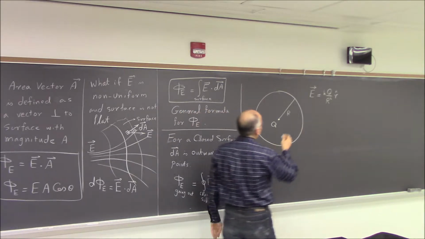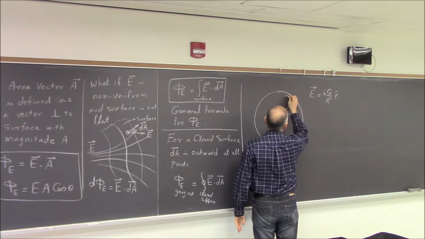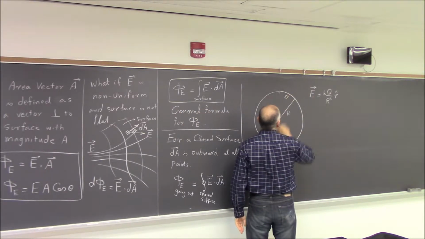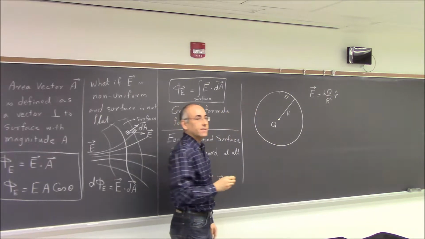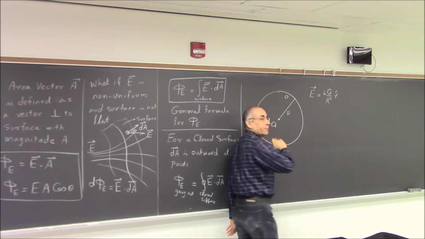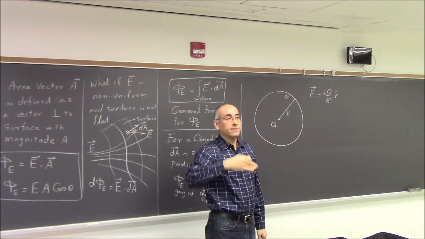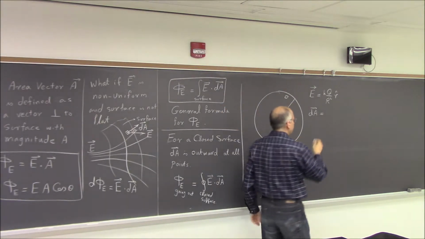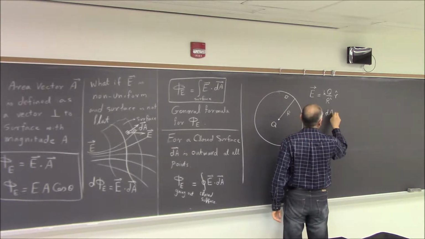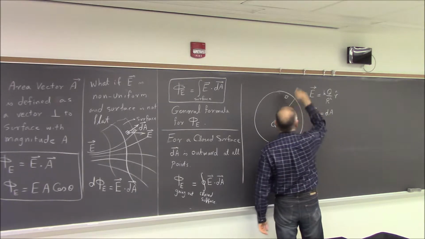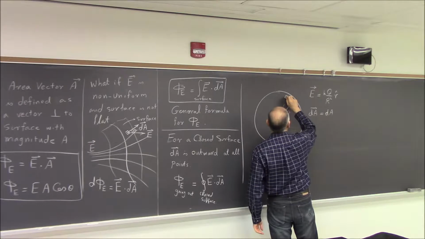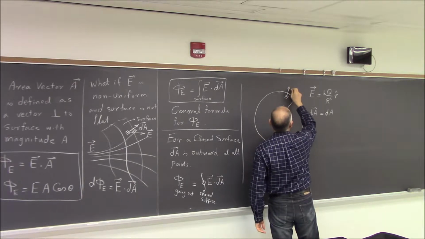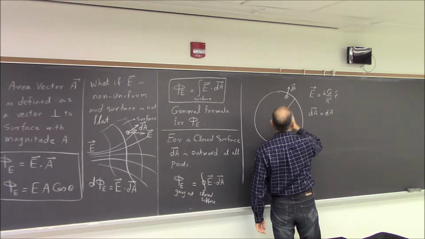And for any dA that we take over the surface of this sphere, the dA is also perpendicular to the surface, and it is outward. So dA, the magnitude is dA without the vector on top of it, and the direction is also in the radial direction, right?